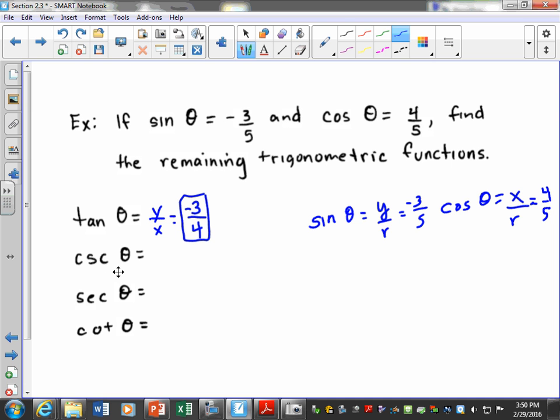Cosecant, by definition, is going to be your r value over your y value, or the reciprocal of the sine. Well, if we just did the reciprocal of that sine value, we would get 5 over -3. So you can either use your definition or the reciprocal. Secant is going to be 1 over the cosine, or the reciprocal of that, which is going to be 5 over 4.